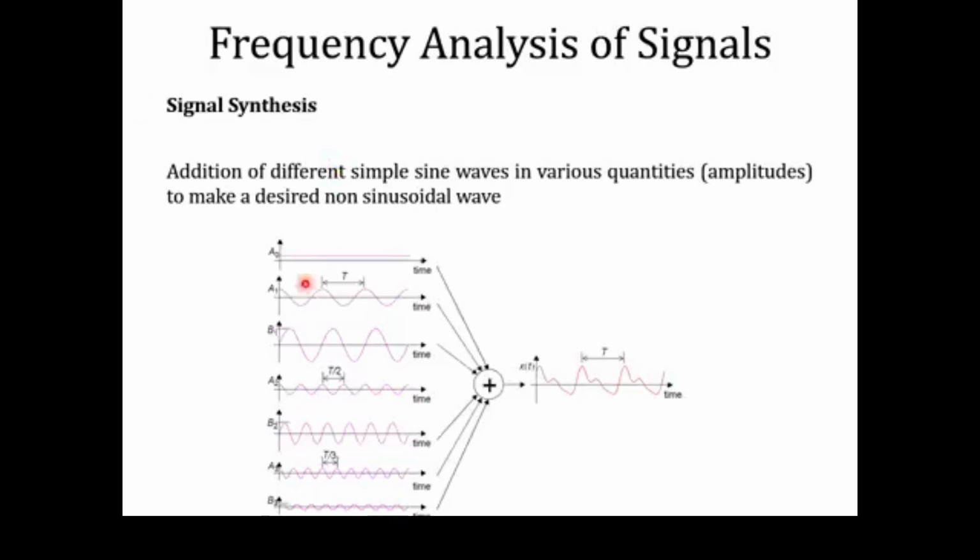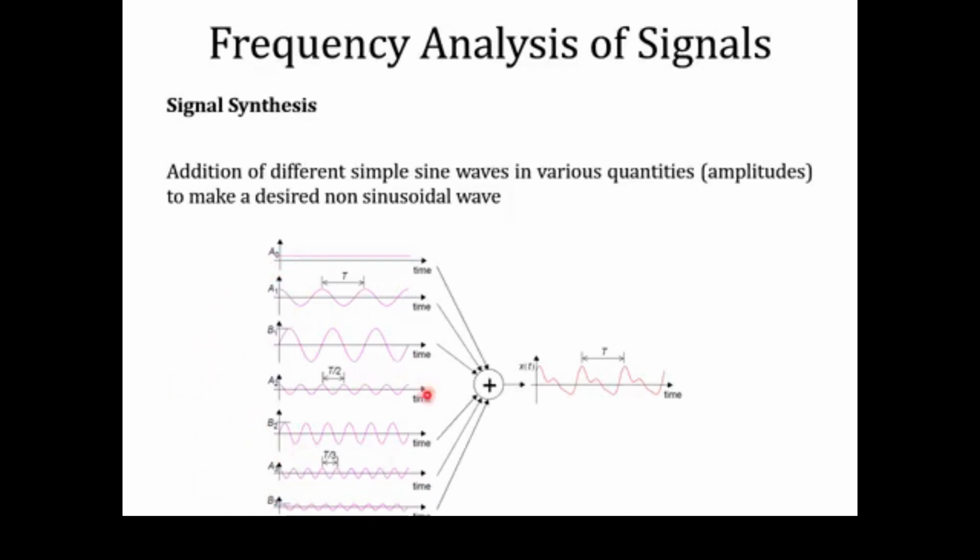Here you can see 7 simple ingredients which we are going to add together, or synthesize together, in order to get this one. The list of ingredients includes a fundamental cosine wave having an amplitude A1, a fundamental sine wave having an amplitude B1, a second harmonic cosine wave having an amplitude A2, a second harmonic sine wave having an amplitude B2, the third harmonic cosine wave having an amplitude A3, the third harmonic sine component having an amplitude B3, and finally the DC signal having an amplitude A0.